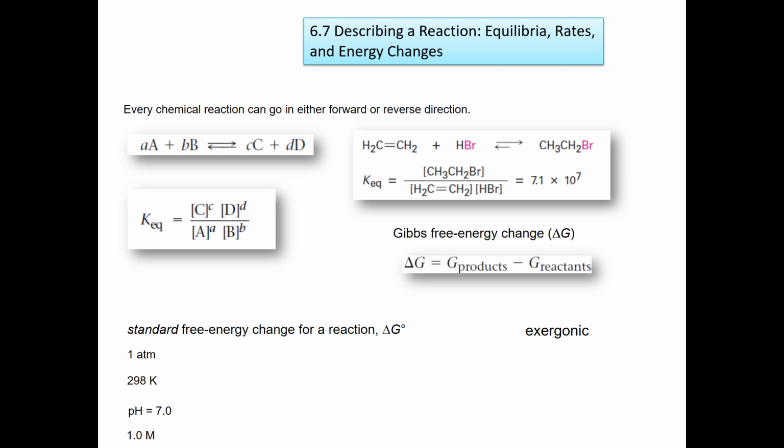Then we can define that one reaction is exergonic when the variation of Gibbs is negative. We are giving energy to the system, exergonic, normally exothermic reactions. And one reaction is endergonic when we need to give energy to the system. That means that the Gibbs energy of the reactants is less than the Gibbs energy of the final products.